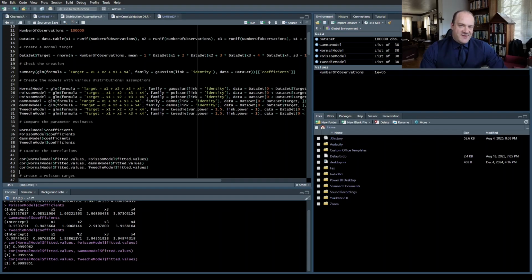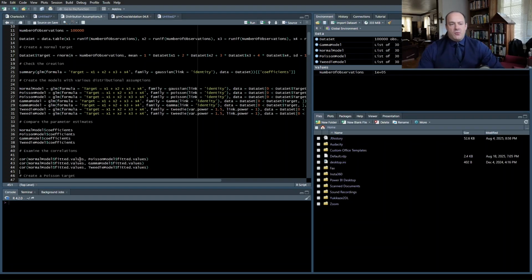So what this means is, if you generate a normal random variable, and then you deliberately use a different distribution, Poisson, Gamma, Tweedie, it doesn't matter. It makes no material difference. Yeah, your estimates are different, duh, but they're not crazy different. They're not changing signs. It's not like one is saying positive, the other is saying negative. They're all pointing in roughly the same direction with roughly the same magnitude, and the outcome is the same. They're correlated at near 1.